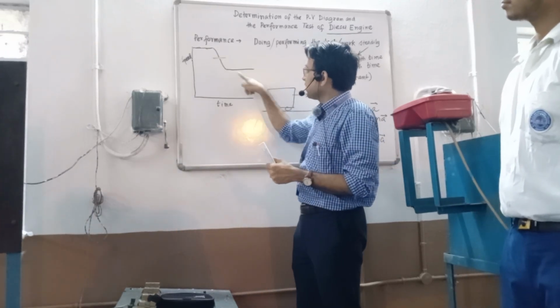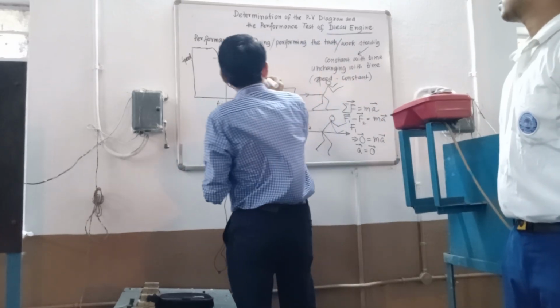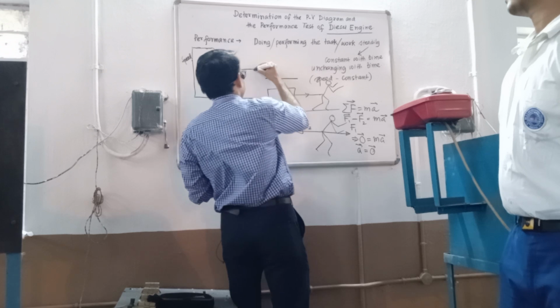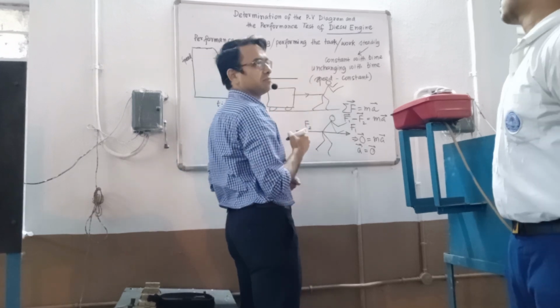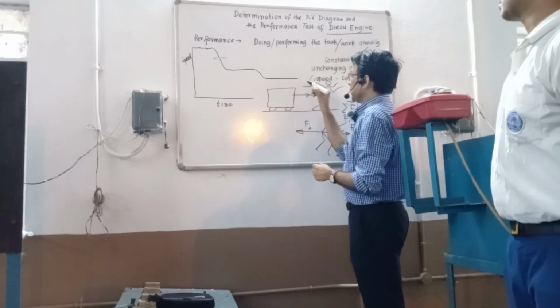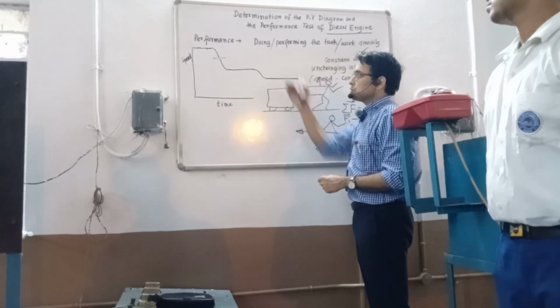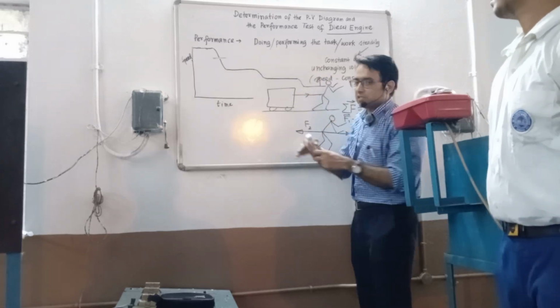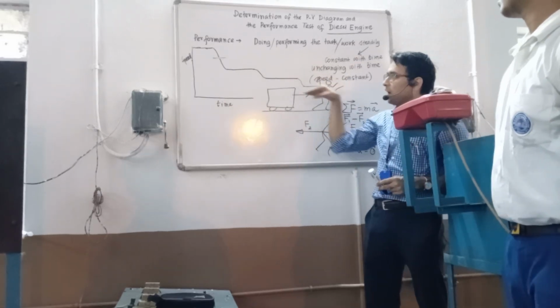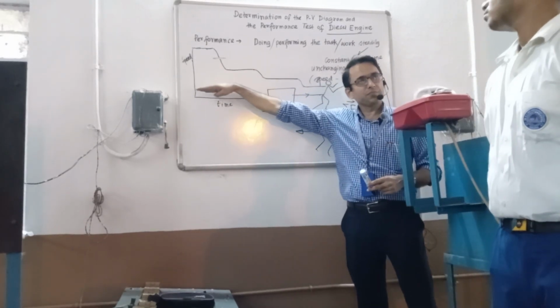So this is a steady state. If I put further load, then it will again become steady at that value, but it will take some time for adjustment. Clear? So if I apply further load, again it will become steady, but it will take some time for adjustment. So if I keep on applying different higher loads, it will become steady at different lower speeds.